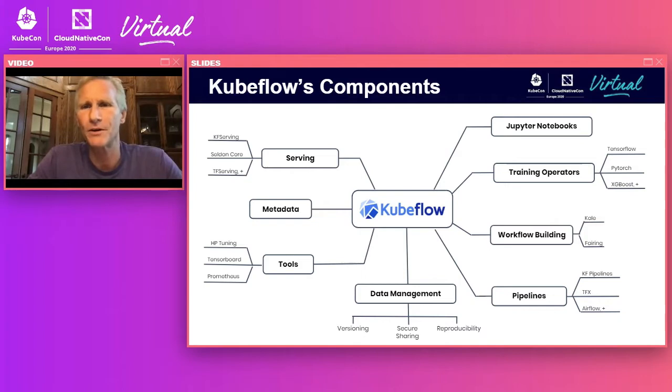Training operators are important because inside of your ML training algorithms, such as TensorFlow, PyTorch, or XGBoost or MXNet, you will have the machine learning layer that has masters or workers or parameter servers and workers. Those have to be mapped into Kubernetes, master workers.